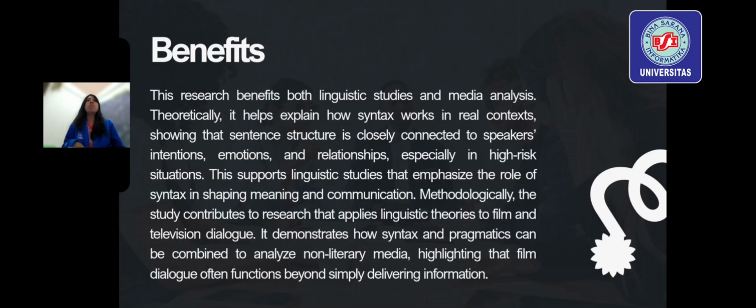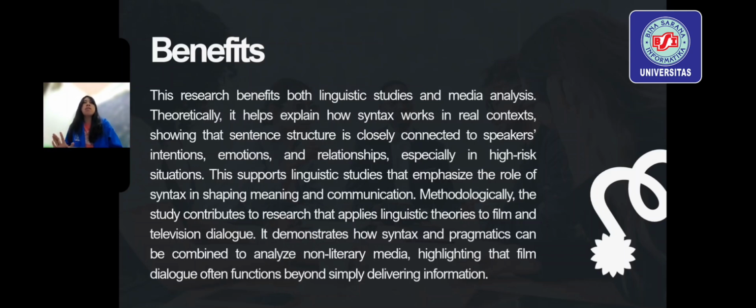The sun is killing all of humanity, and they need to fly into the night to avoid the sun so that the sun doesn't kill them. That's why I call them high-risk situations. This supports linguistic studies that emphasize the role of syntax in shaping meaning and communication. Methodologically, the study contributes to research that applies linguistic theories to film and television dialogue.